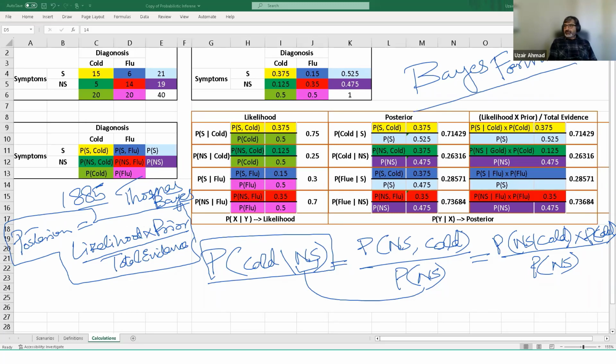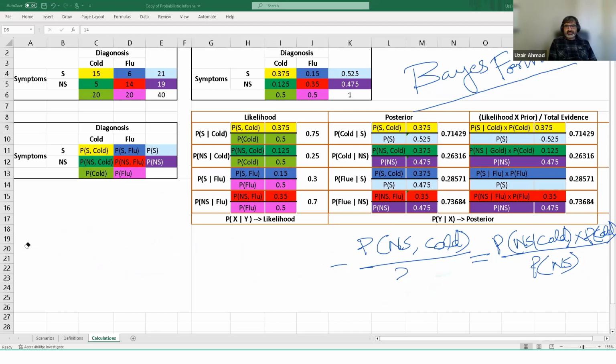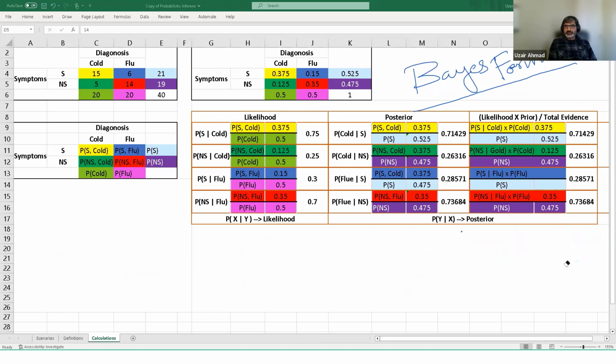Now suppose that your input is more than one. You have 2 or 20 inputs, not just sneezing or not sneezing. You are also measuring temperature. You are also measuring what the person ate in the morning. How will you predict? The answer is simple.